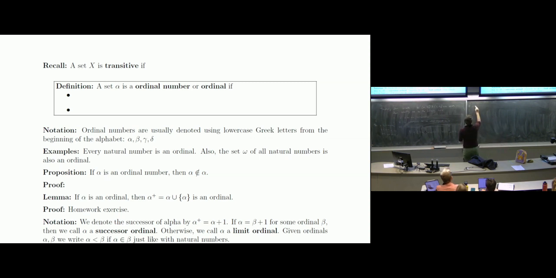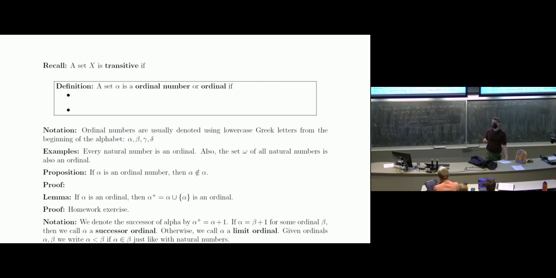Okay, so X is transitive if little x in X implies little x is a subset of X. Not the other way round. That's not possible.